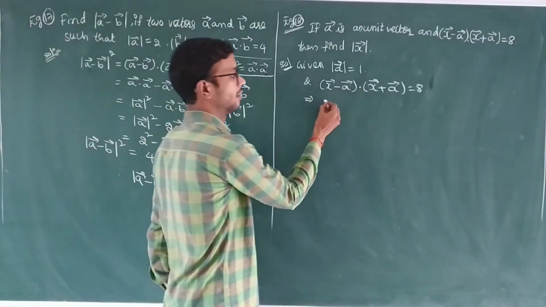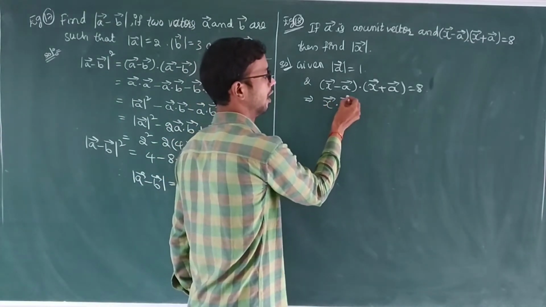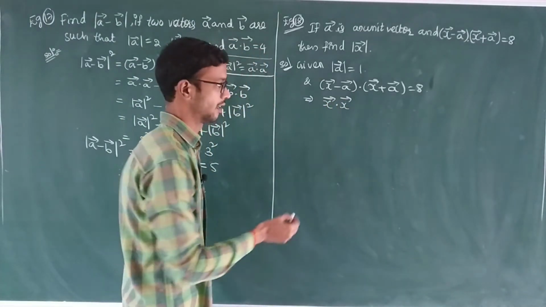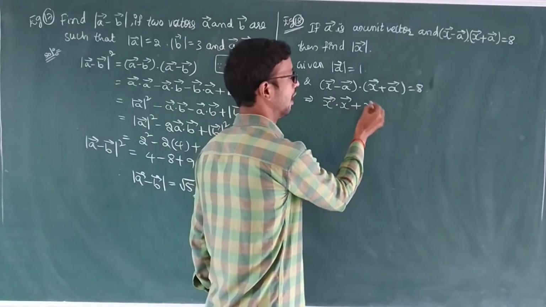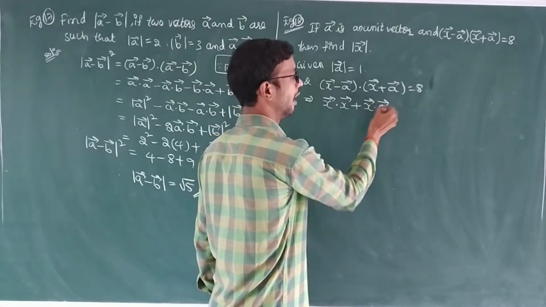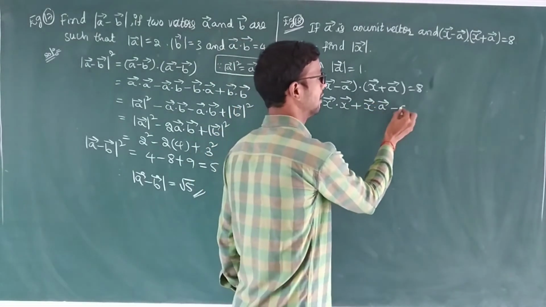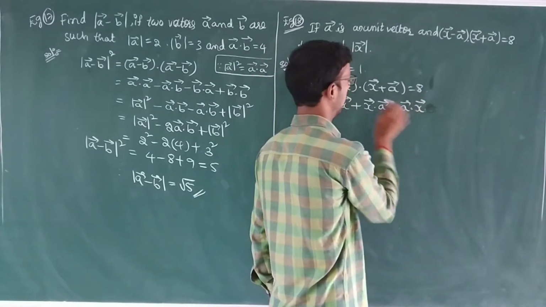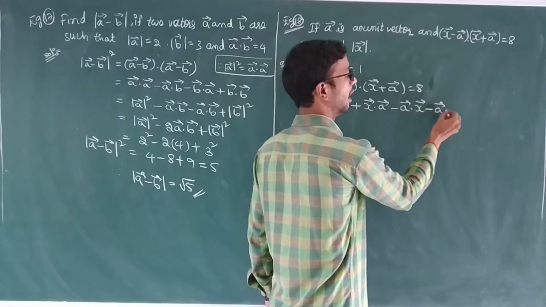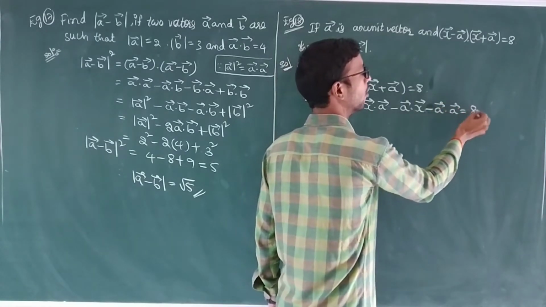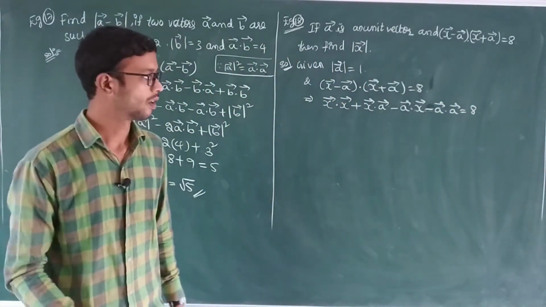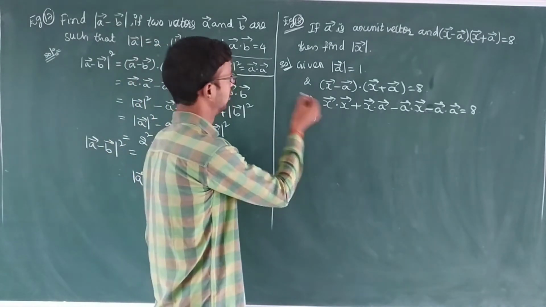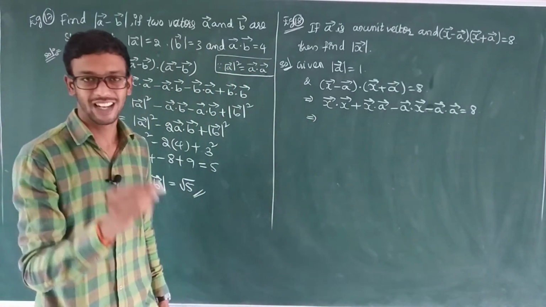X into X, X dot X vectors. Next plus X bar dot A bar minus A bar dot X bar, plus into minus A bar dot A bar is equal to 8. So now make the simplification. By this formula, X dot X is there.